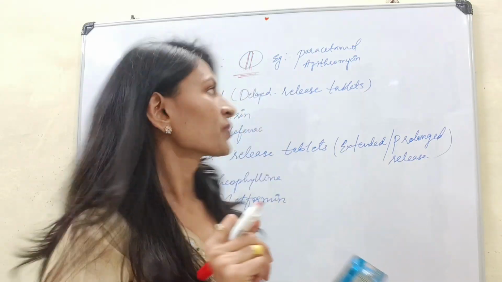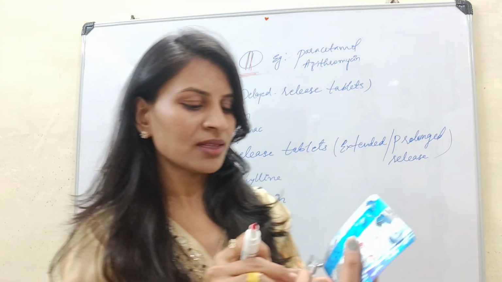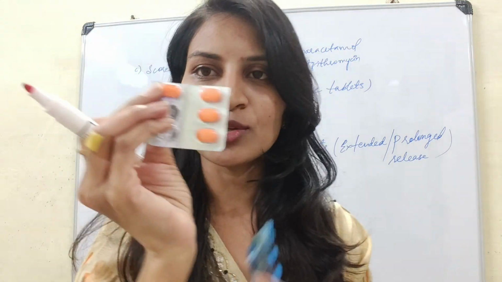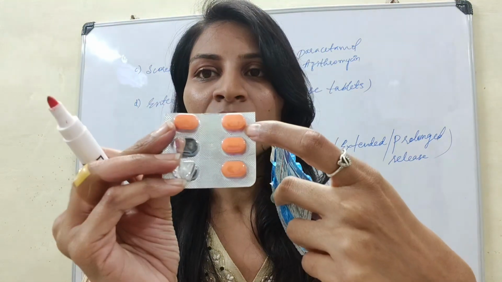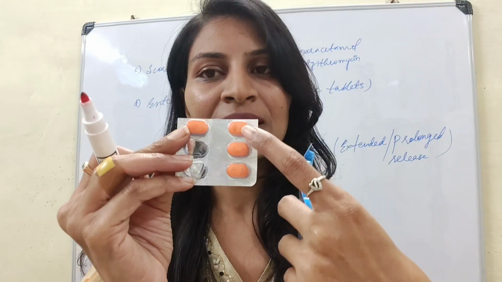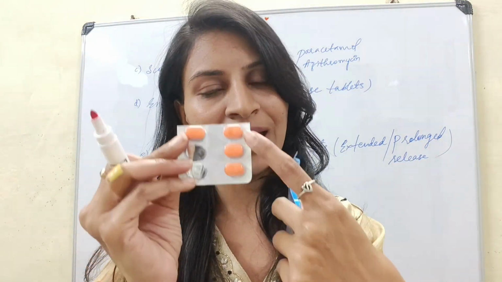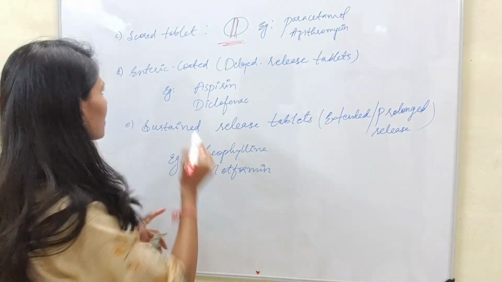Examples are paracetamol and azithromycin. Unscored tablets are other tablets, like this one, an aceclofenac and paracetamol combination. This is an unscored tablet. There is no score on it because the drug is not evenly distributed in such tablets. That's why these are unscored and those are scored tablets.